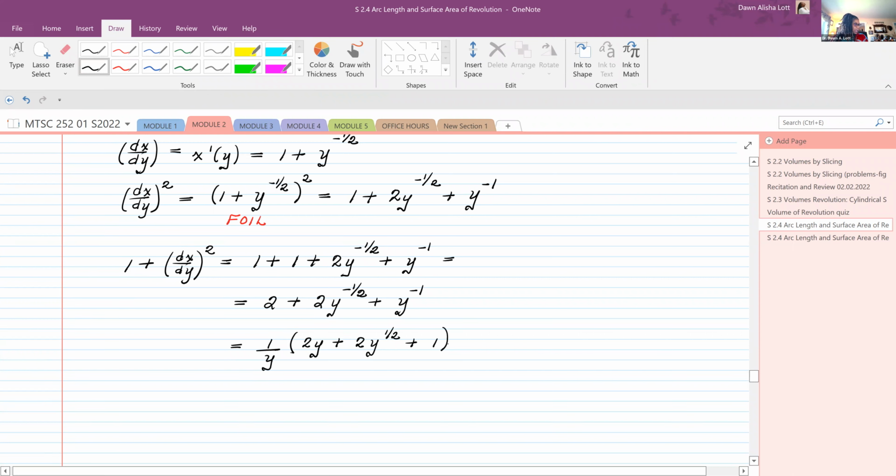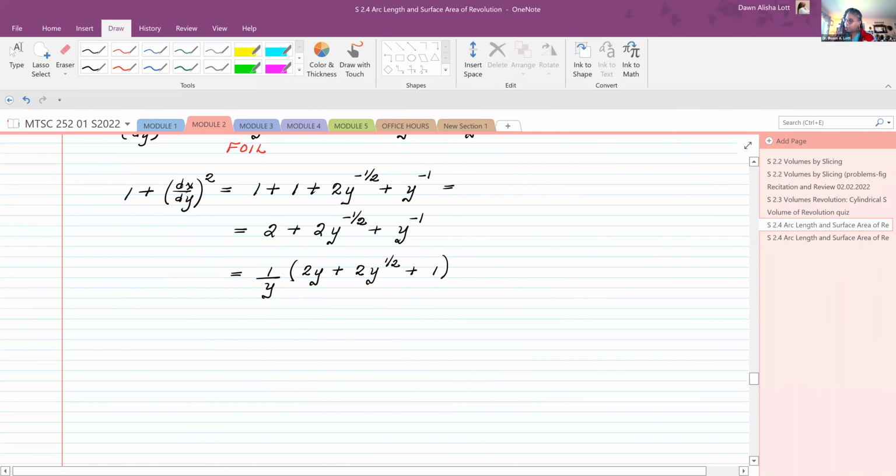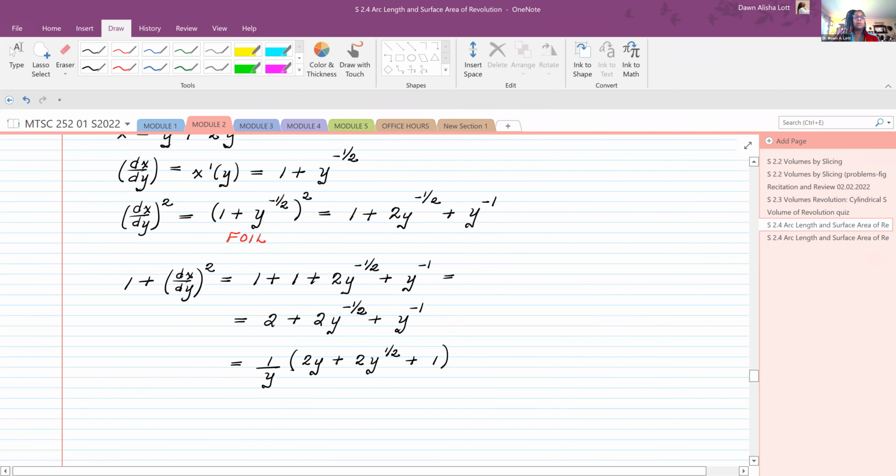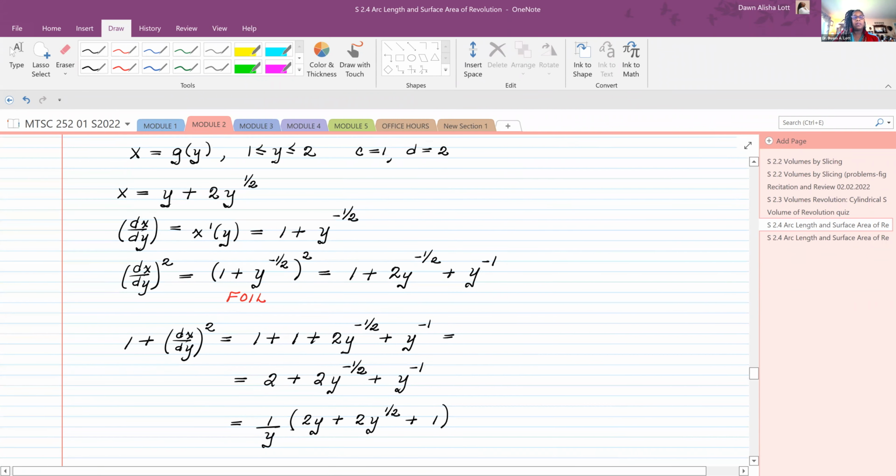So now it looks like something I can work with, only because I don't have all those negative square roots, which can be stressful. Okay, so now that is what goes in the square root. Any questions so far? I hope I didn't lose anybody with the algebra.